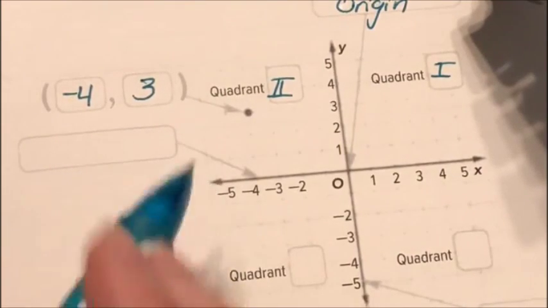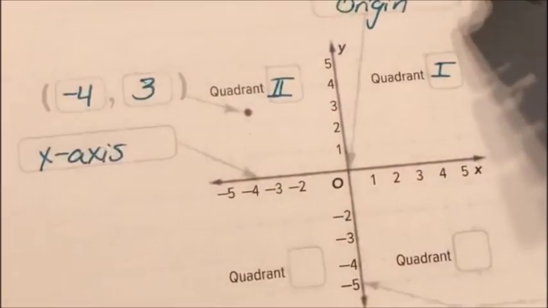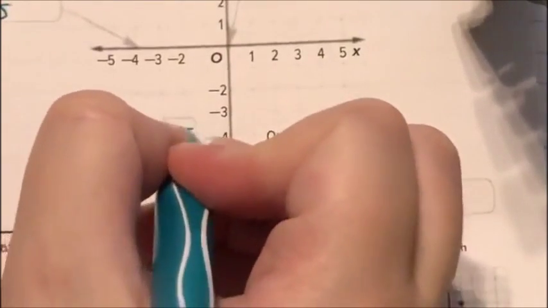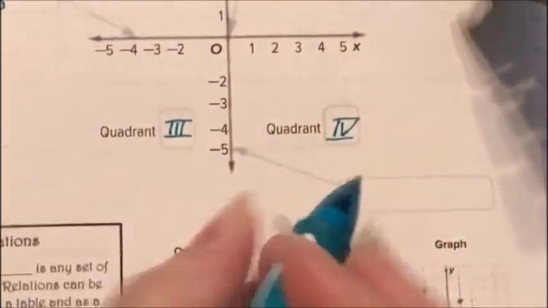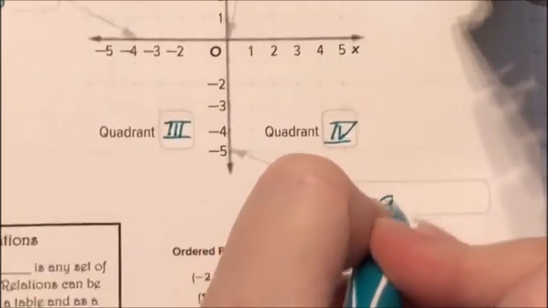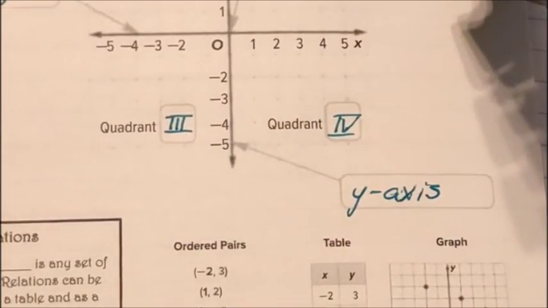This is pointing to the x-axis. Down here on the bottom, this is quadrant 3, quadrant 4, and then this down here is pointing to the y-axis.